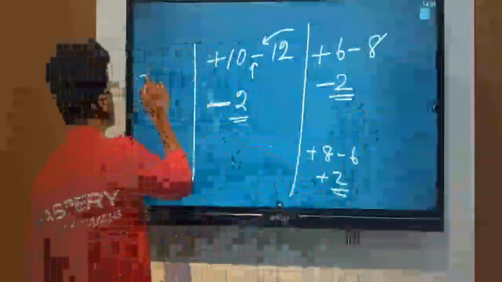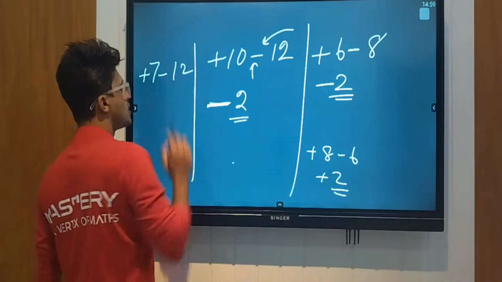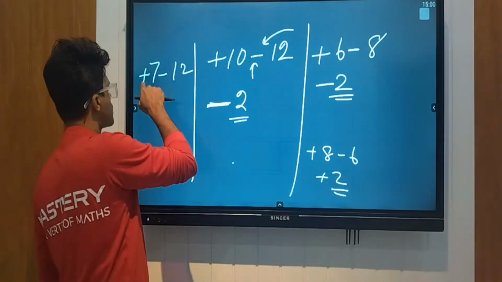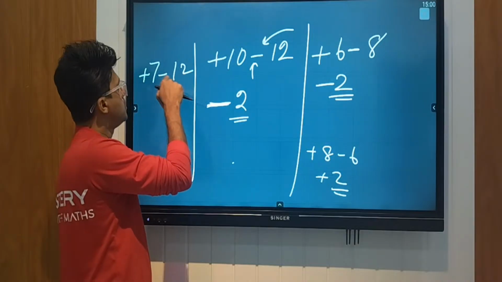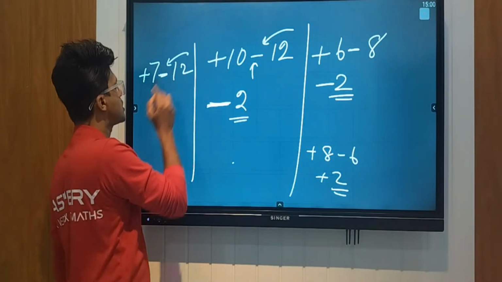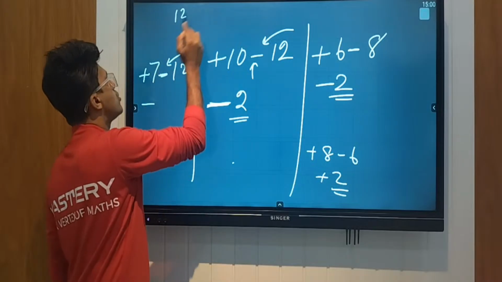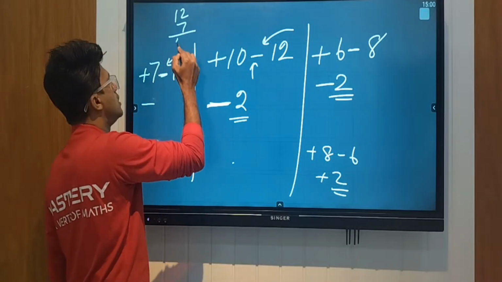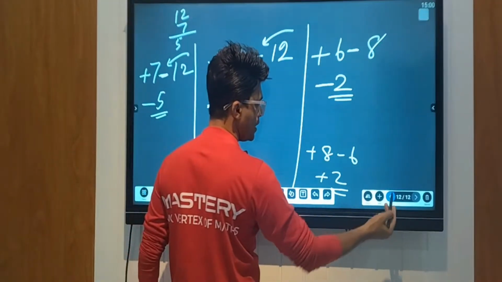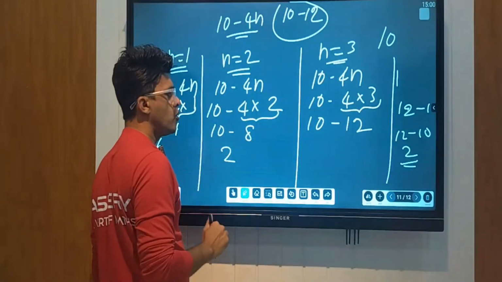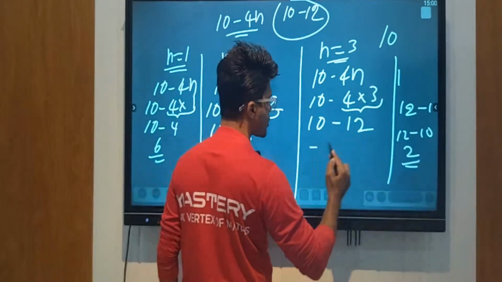So how do you do 7 minus 12? A positive value and a negative value. The greater value is 12, and the sign is minus. Now you need to subtract 7 from 12. 12 minus 7 is 5. This is the answer, so this is the way of simplifying this type of one. Now learn it. So 10 minus 12 is minus 2.